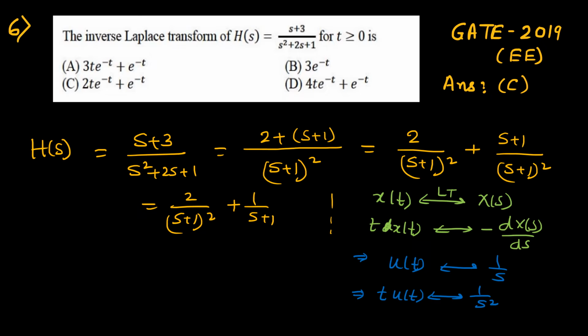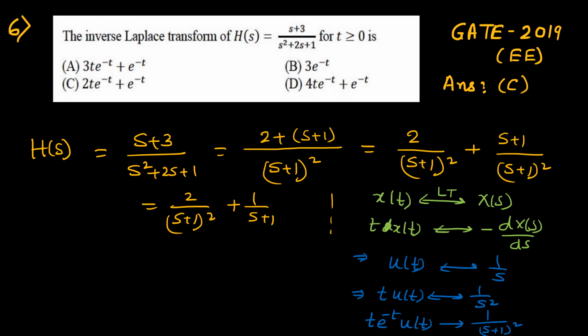Whenever it is multiplied by e to the power minus t, s is replaced by s plus a. So here it is 1 upon s plus 1 whole square. That means for 1 upon s square, its inverse is t times e to the power minus t u of t.